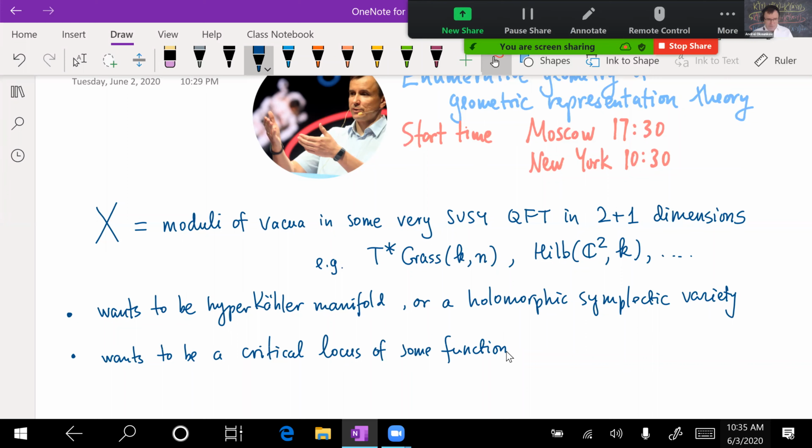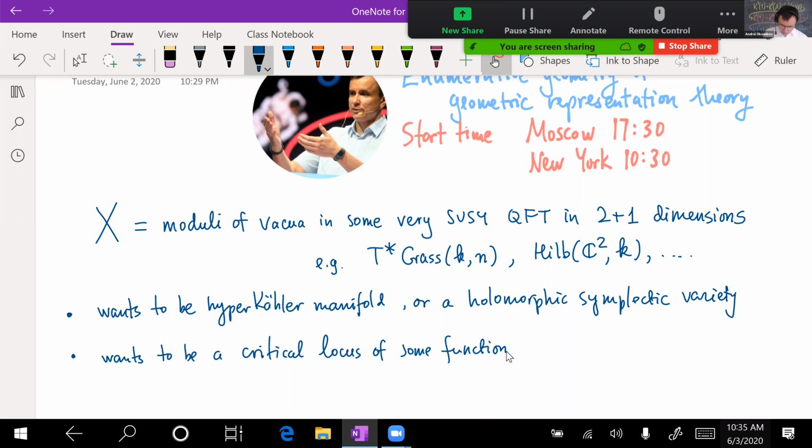Right, so this is some configuration of fields. You have this function that you want to minimize to be in a vacuum, and then some of the configurations of fields may be physically equivalent.